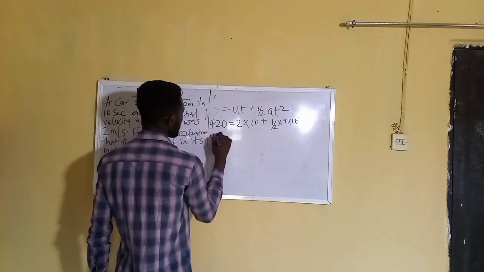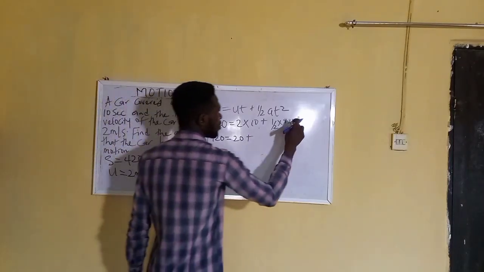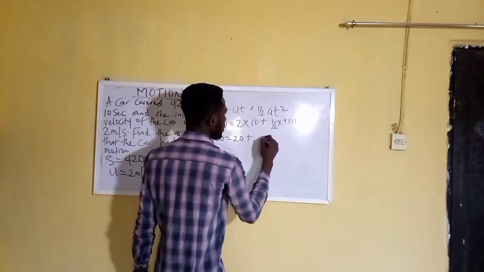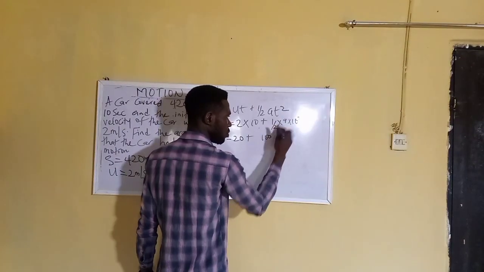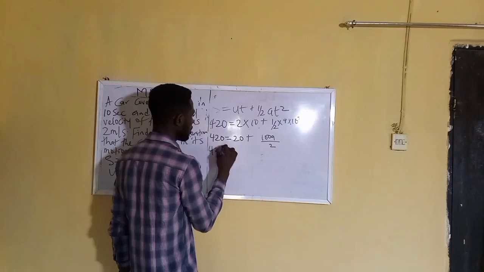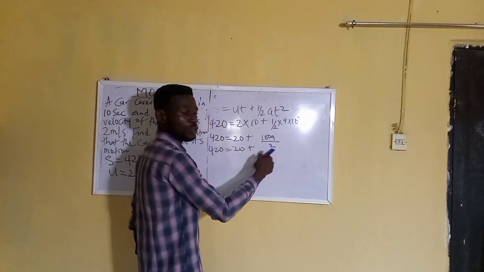So this can be written as 420 equals 20 plus 100 times a, which is 100a, divided by 2. That is the same as writing 420 equals 20 plus 50a, because 10 squared is 100 and 100 divided by 2 is 50.